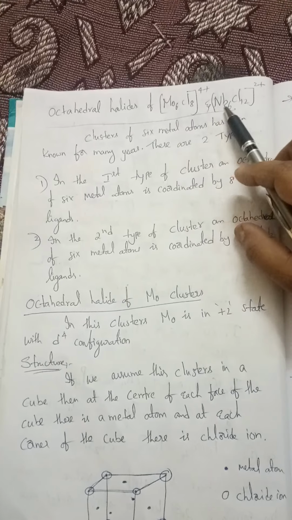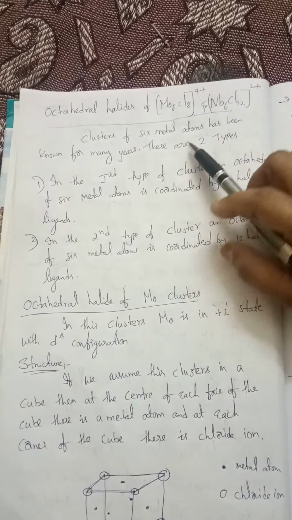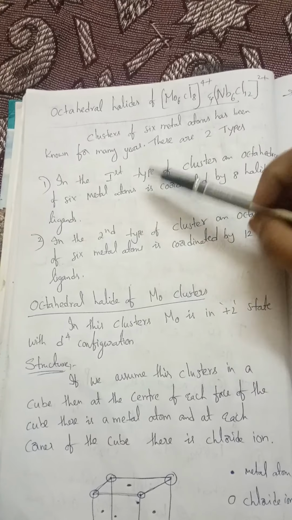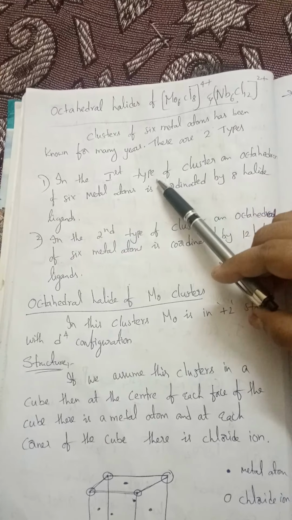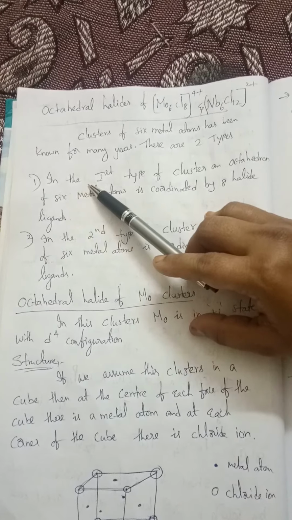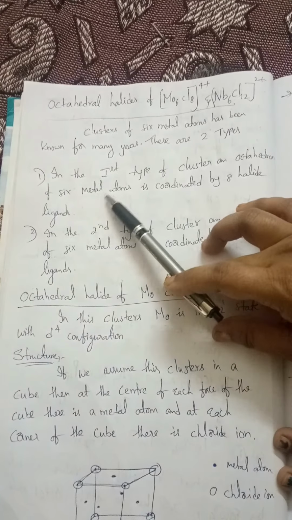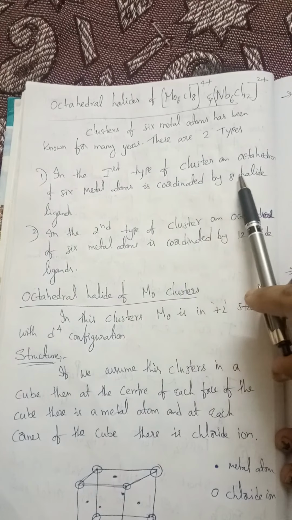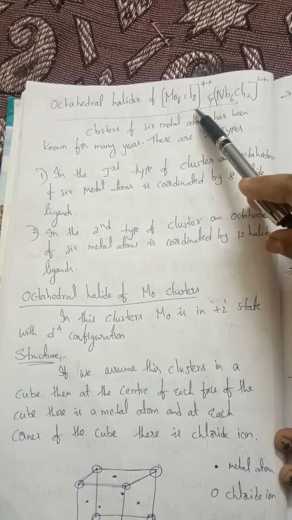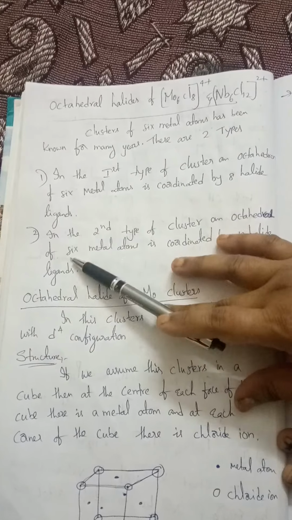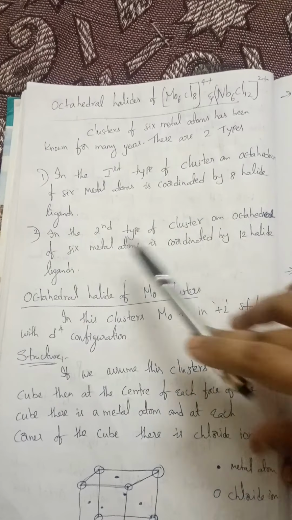Clusters of 6 metal atoms have been known for many years. In the first type of cluster, the octahedron of 6 metal atoms is coordinated by 8 halides. How many halides? 8 halides. In the second type of cluster, the octahedron of 6 metal atoms is coordinated with 12 halides.